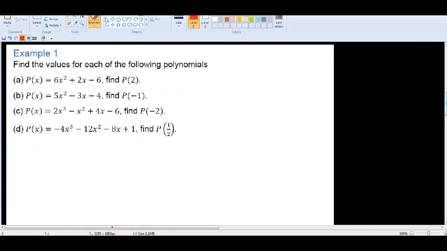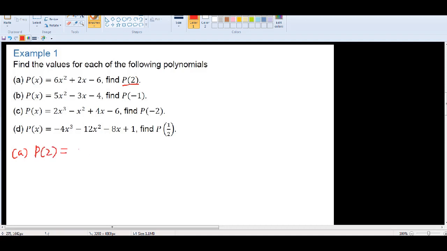Okay, let's have more practice. For the first one, you are given a polynomial p(x) and you are going to find p(2). That means we are going to substitute that 2 into the x on the right hand side.